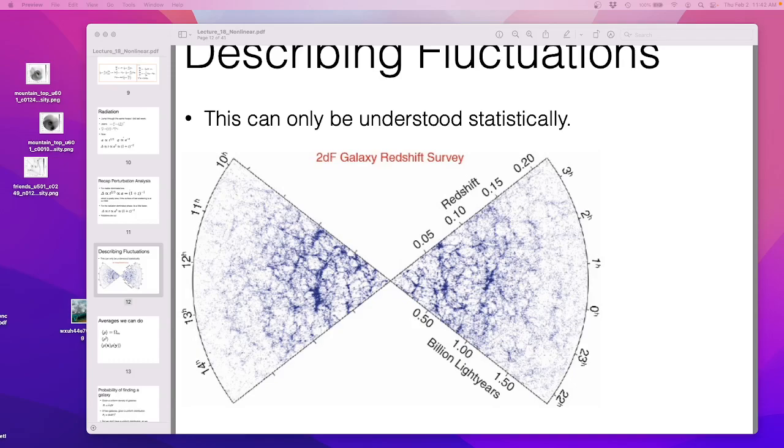It looks like a foam. There are elongated skinny structures, fluffy structures, but a lot of long skinny fibrous structures. This one here is called the Sloan Great Wall, and it stretches from here to here, and it's one of the largest objects in the universe, if it's really an object.